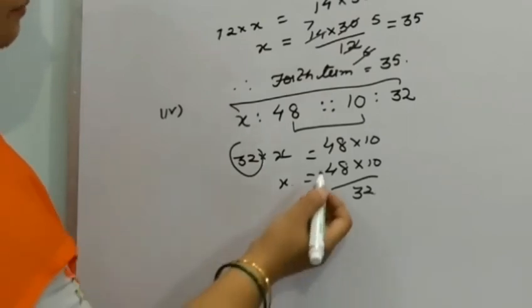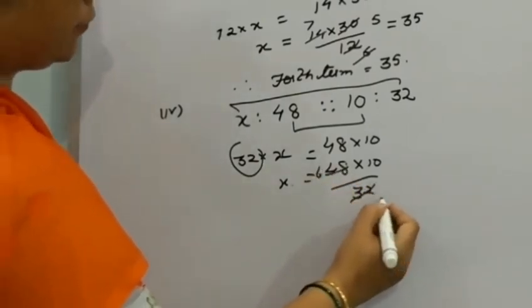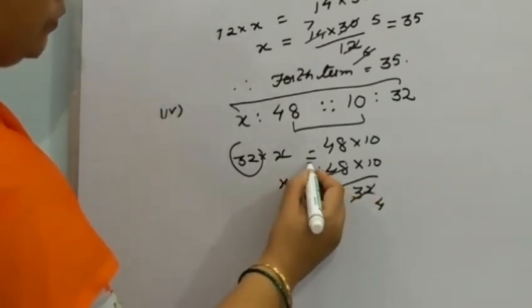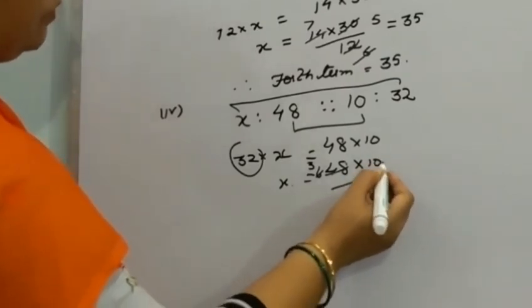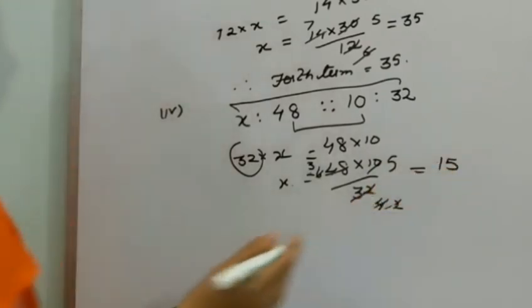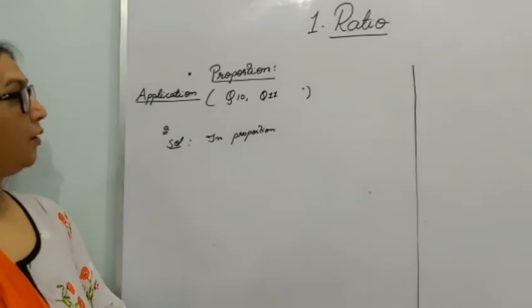Children, now simplify by 8: 8 6 48, 8 4 32. Again cancel by 2: 2 3 times, 2 2 times. Again cancel these 2 by 2: 2 1 time, 5 times. So 3 5 15. Hence, the first term of the ratio is 15.